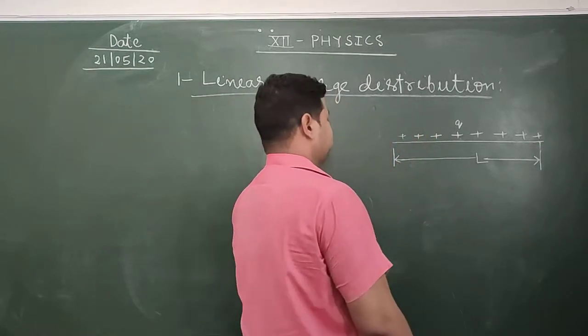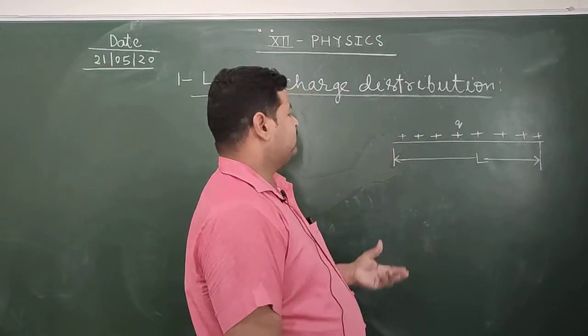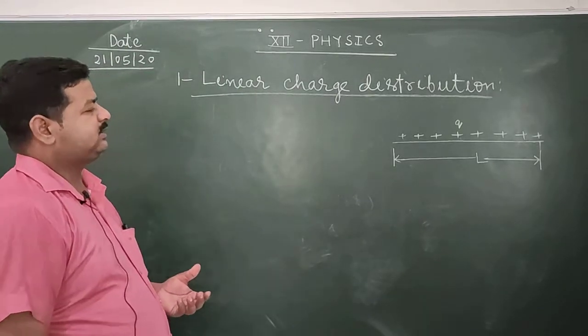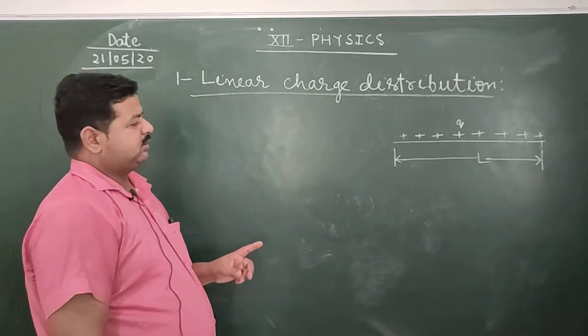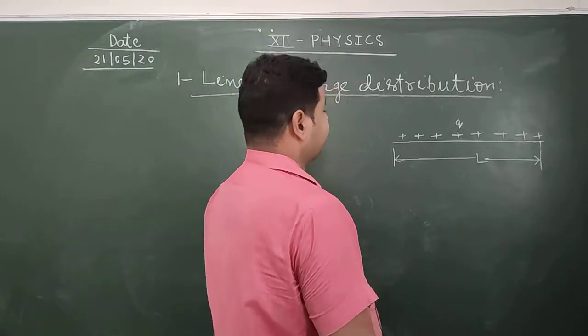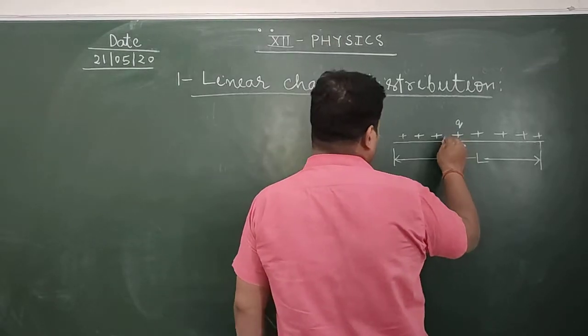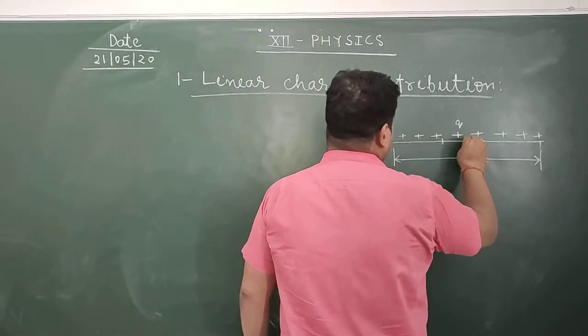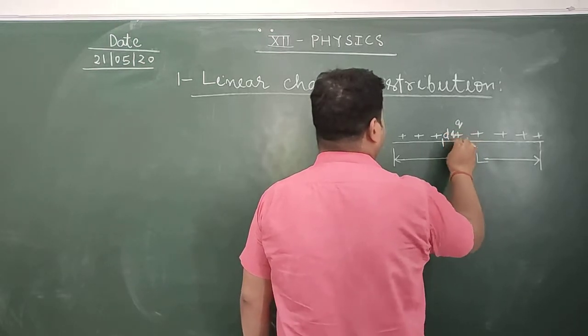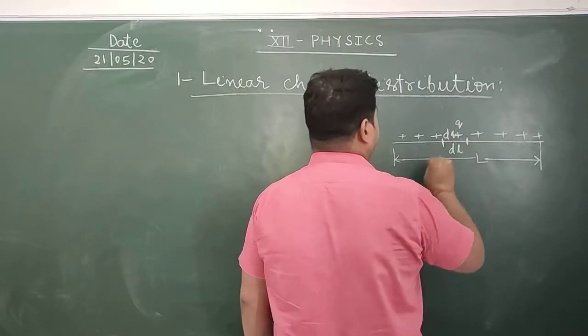Clear? So here we will get a term which is called linear charge density. So how to study about linear charge density? Let us assume that from this segment the charge is dq and length is dl.